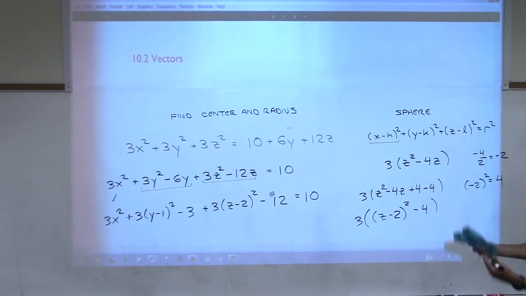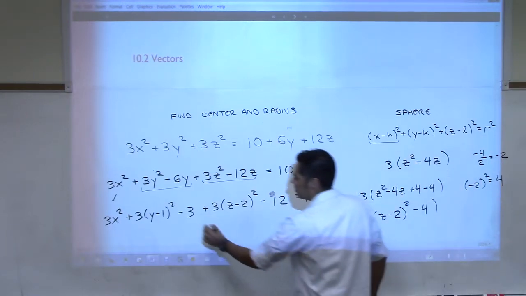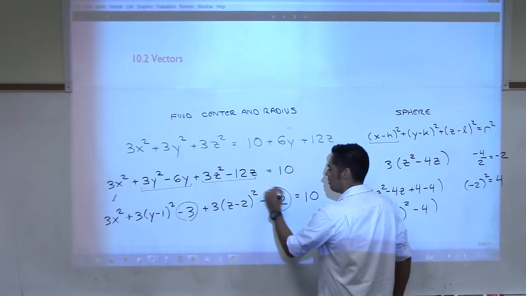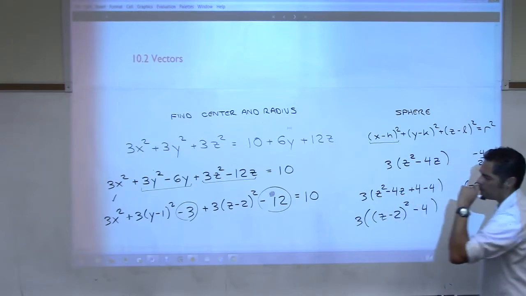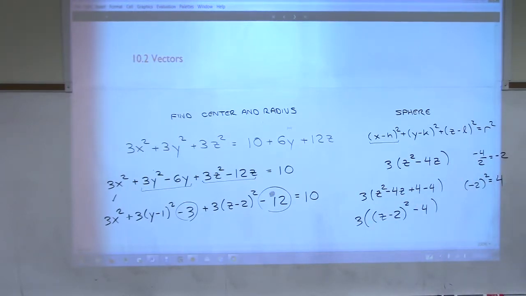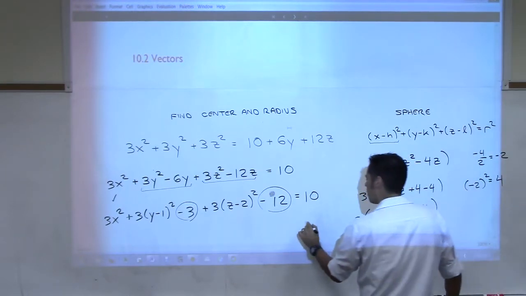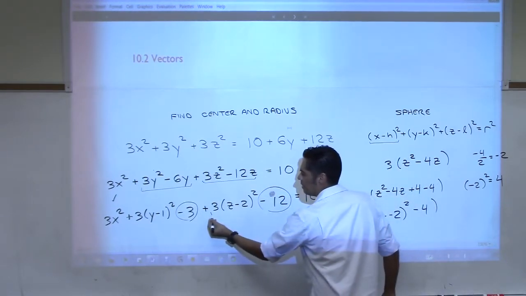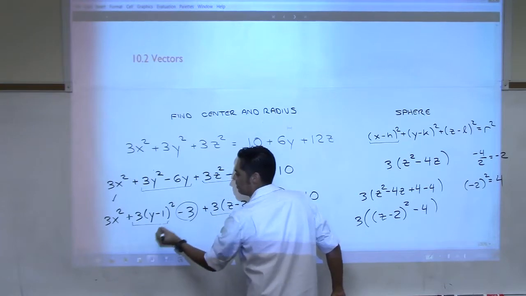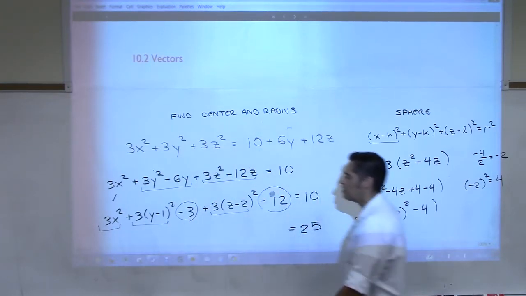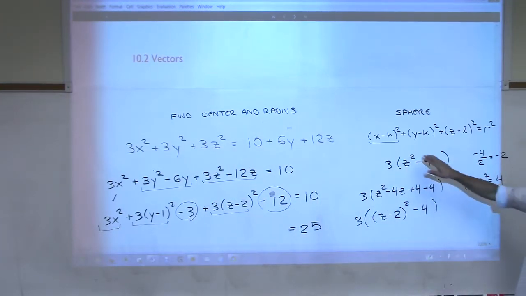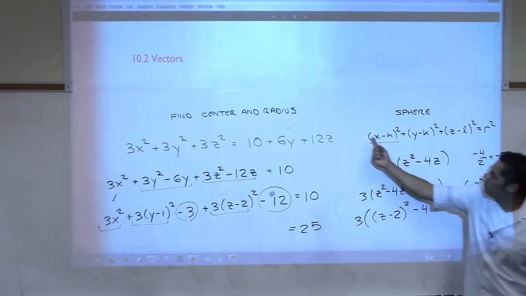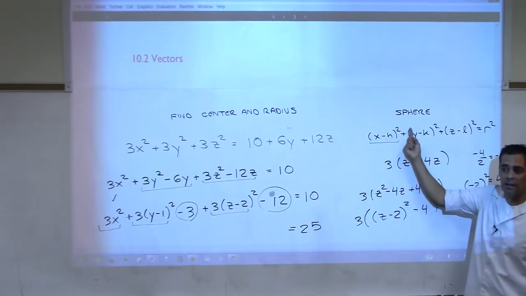All right, so I think we're there. All of our constants can come to the other side. So take those to the other side. When we move those over, what will we get? 25 on the right. We get 25. So 25 on this side. And then all of these that are still here, I actually do not want the 3 because in the standard form, in front of these parentheses is a 1, right?